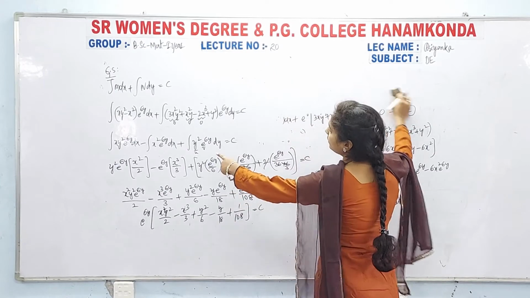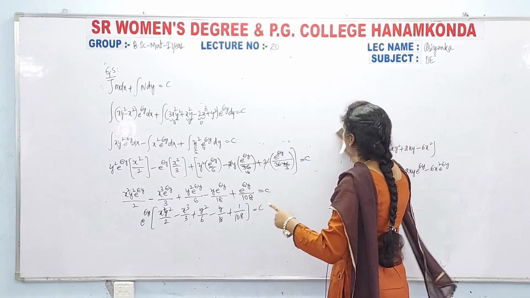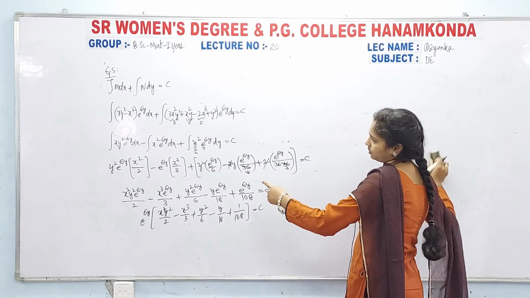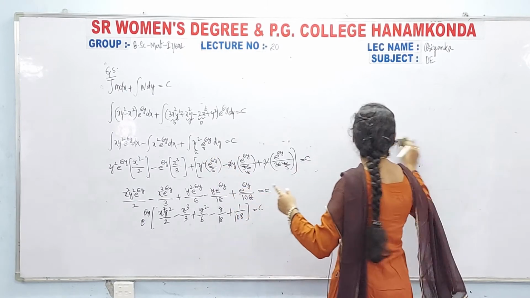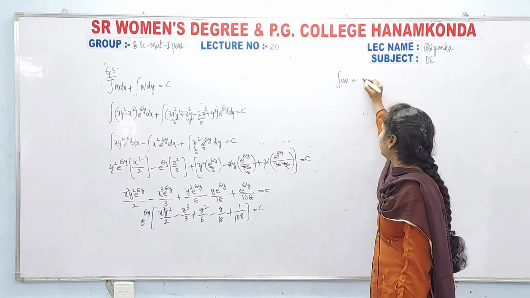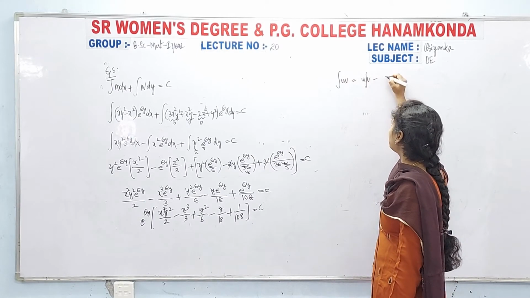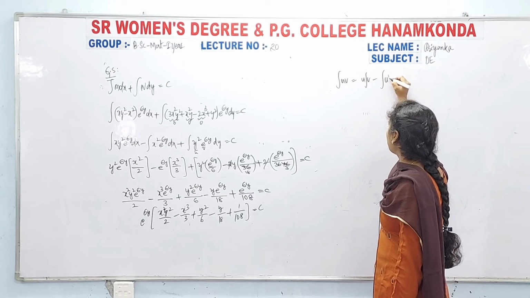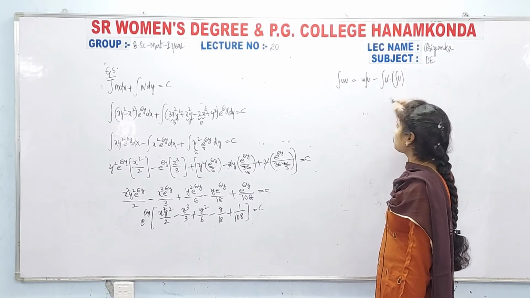Actually here we can use u v, but every time we will get a next term. You already know that the formula for the integral of u v is u into the integration of v minus the integration of u dash into the integral of v and so on.